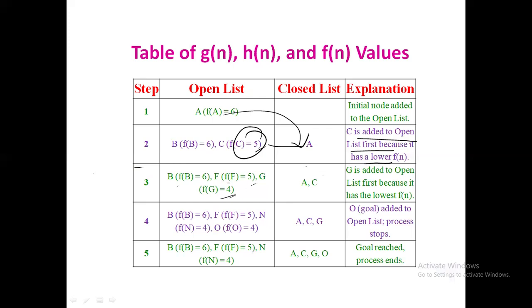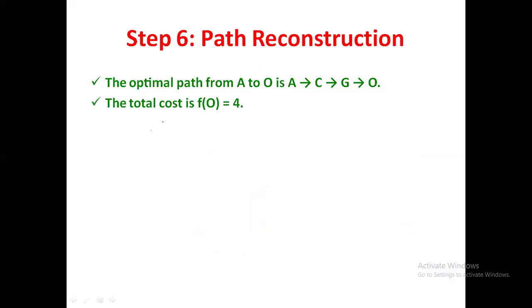So here, we put C into the closed list. Now G is added to the open list first because it has the lowest value, and the lowest value means 4. Similarly, these steps continue till we find the shortest path. So in this case, the optimal path is A to C to G to O. So the total cost of the function is 4.